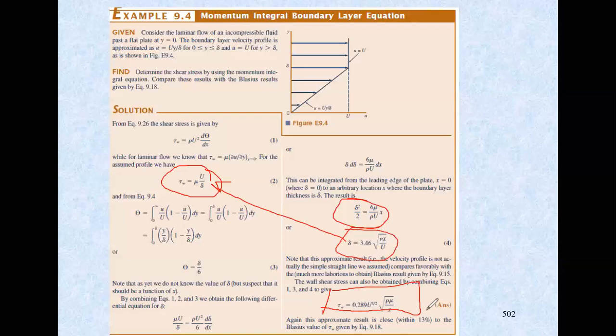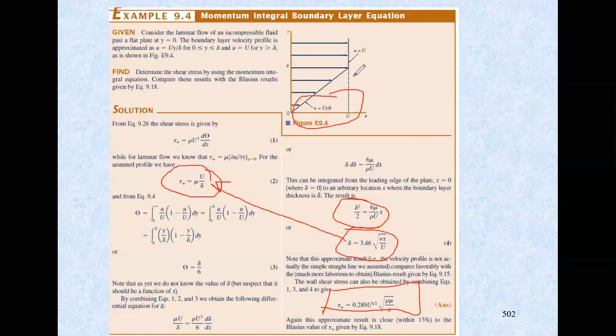So from here, using the momentum integral boundary layer concept, you're able to calculate the boundary layer thickness and also to calculate the shear stress at the wall, but only if you are given the velocity profile.